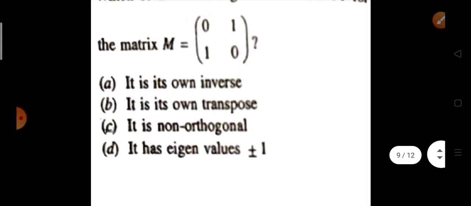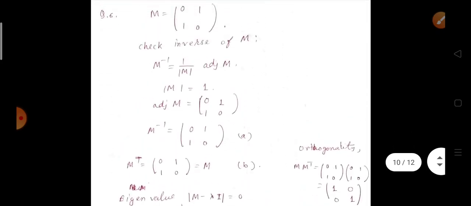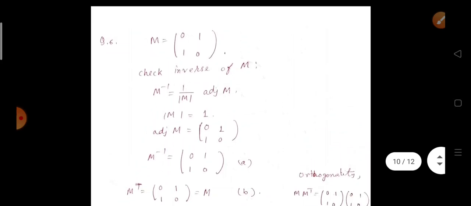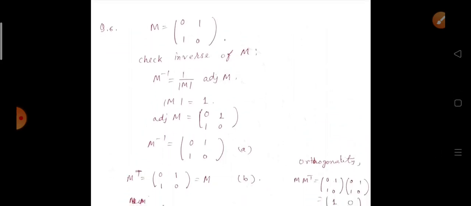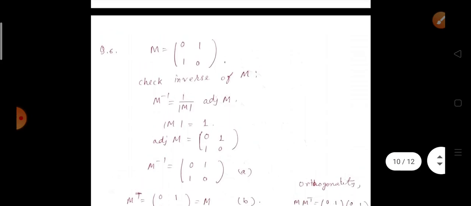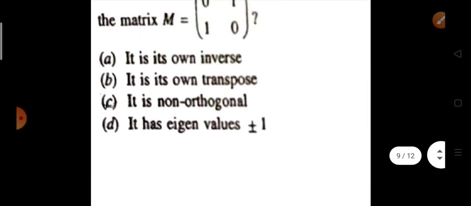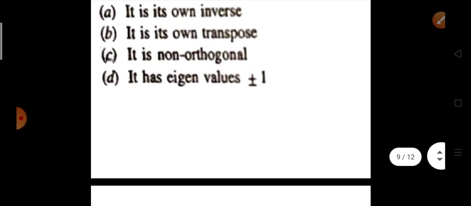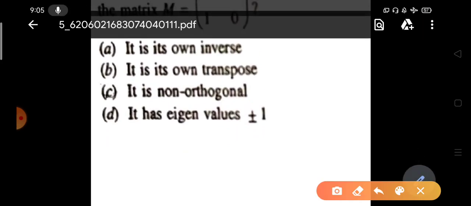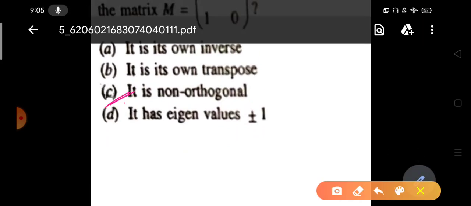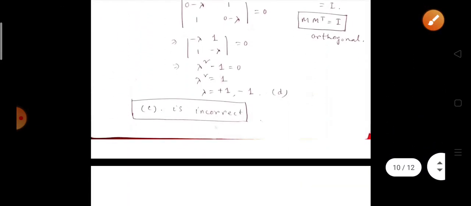Is it its own inverse? M inverse is 0 1 1 0 and M is also 0 1 1 0, so M inverse is M; it is its own inverse, it is its own transpose, it has eigenvalues plus minus 1, and option C is not correct because it is orthogonal also.